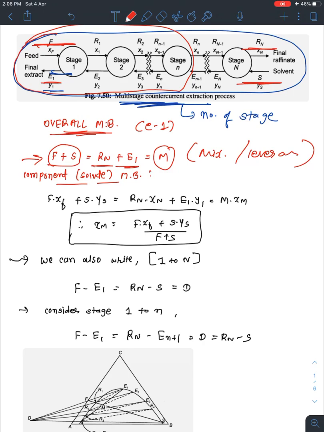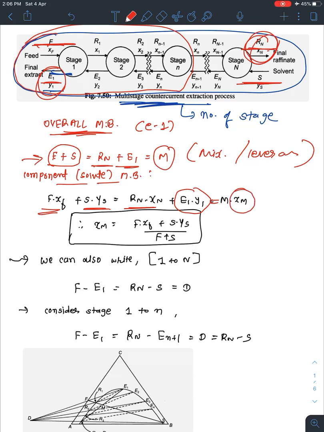Now we'll do the solute material balance. So it is Fxf plus SYs, which is equal to Rn Xn, as you can see in the figure, plus E1 Y1, which is equal to M times Xm, the weight fraction of solute in the mixture.